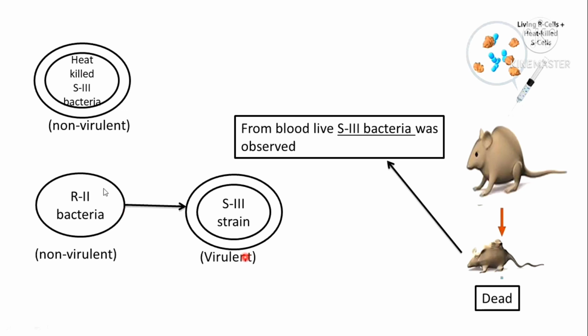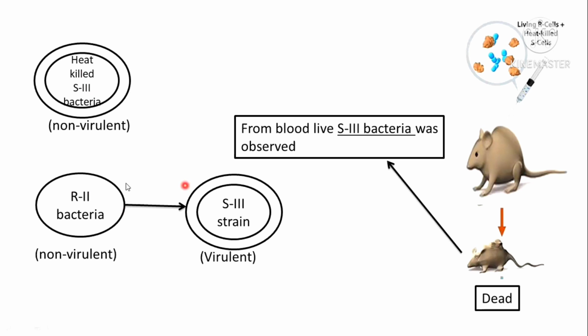So basically, this R2 would have taken something from heat killed S3 bacteria. This live R2 would have absorbed something from heat killed S3 bacteria, which made R2 make a polysaccharide coat around itself, and as I told you, the polysaccharide coat is the only reason for virulence.